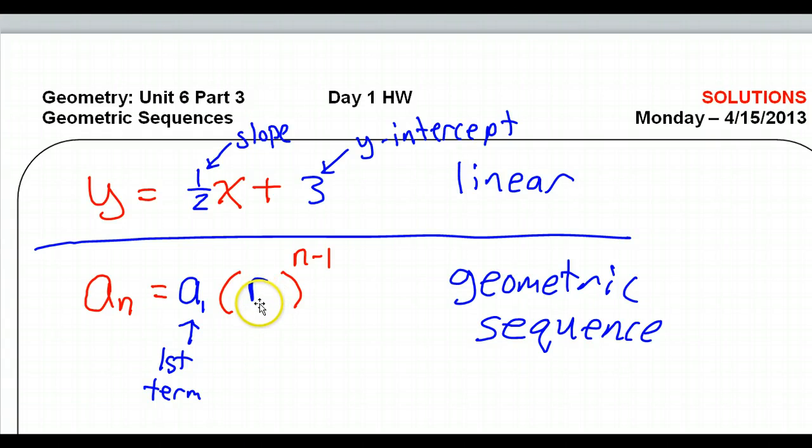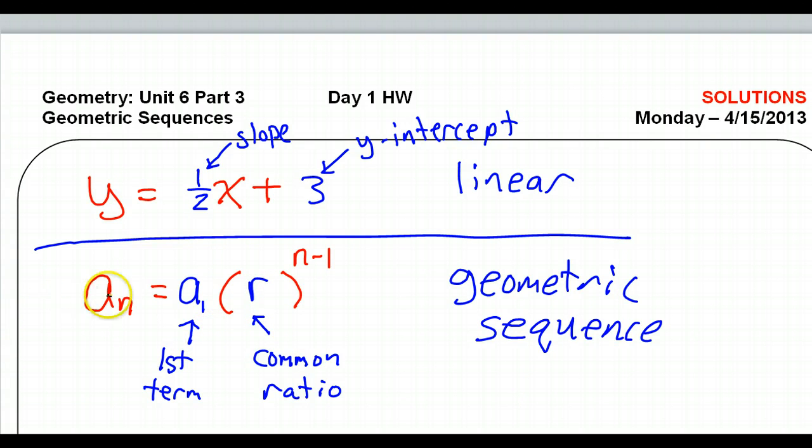Now, r we also talked about a moment ago. r was the common ratio, that ratio you got by taking each term and dividing by the previous term. It's the multiplier. So those are the two things we need.